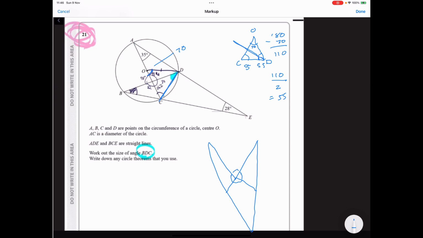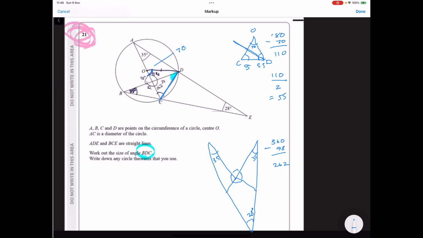We know that this is 35, we know that this is 35, and we know that this is 28. And we know that this is a quadrangle, or quadrilateral. So the sum of the angles in a quadrilateral is 360, and we're going to take away from that 70, 35 plus 35 plus 28, which is 98, and that gives us 262.